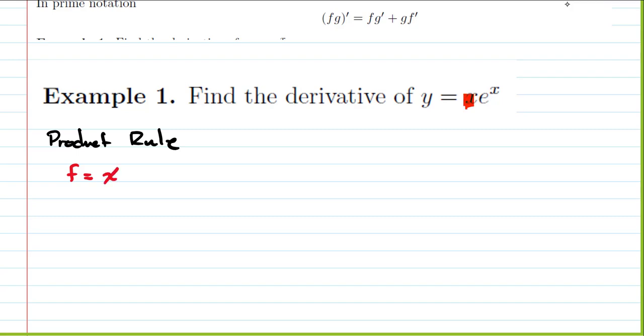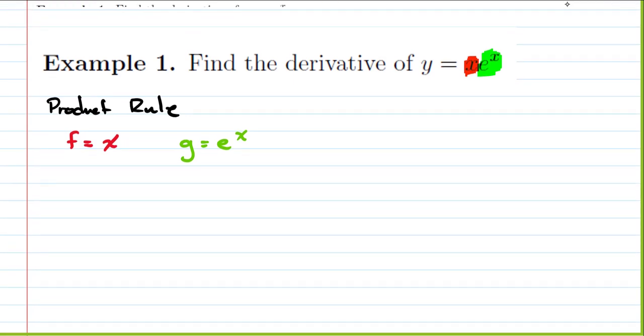So that's my first factor. And I'm going to identify g as my second factor, which is e to the x. To use my product rule, I also need to know f prime and g prime. So the derivative of x is going to be 1. And the derivative of g, this is our favorite derivative. The derivative of e to the x is e to the x.